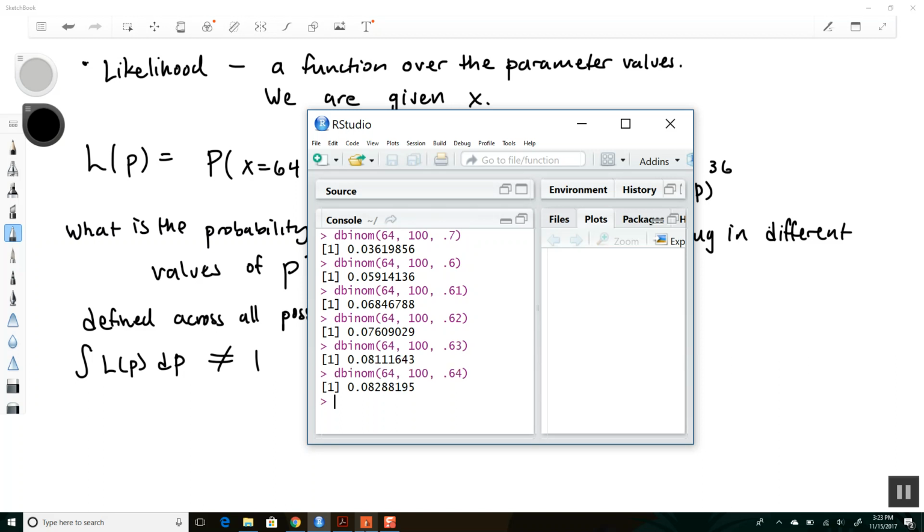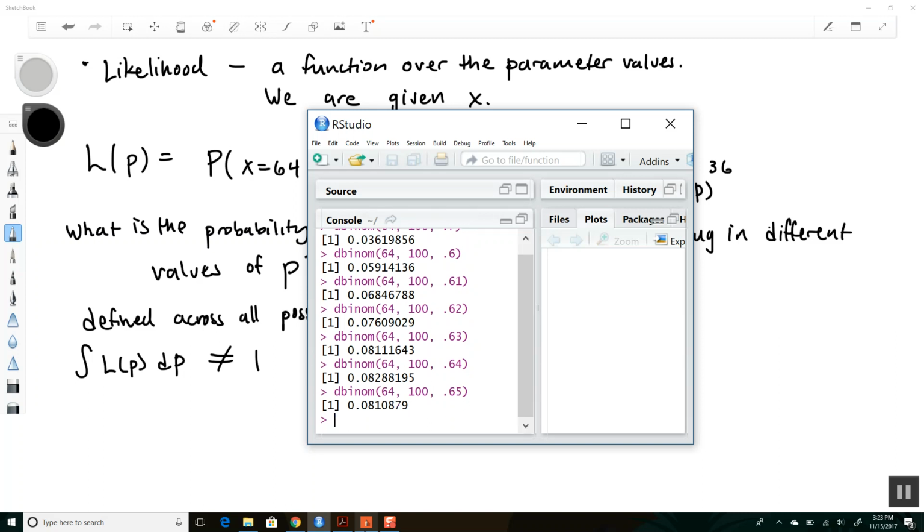At 0.64, I get 0.083. And at 0.65, I get 0.081. So it seems like, trying out different values, 0.64 gives me the highest. We can try to refine this: what about 0.645? This is still a little bit lower than 0.64. We can try all sorts of different values of p, and what we're going to find is that 0.64 gives us the highest value here.